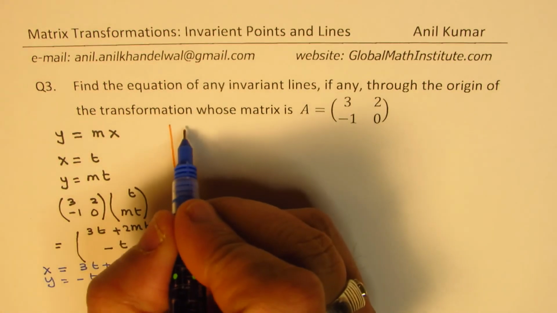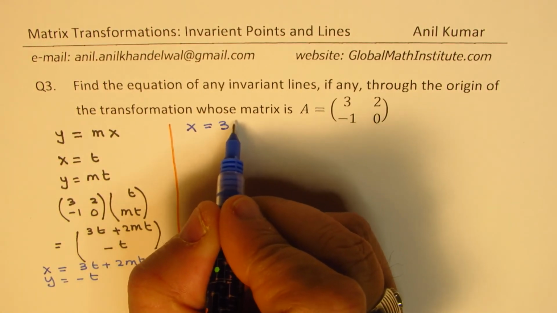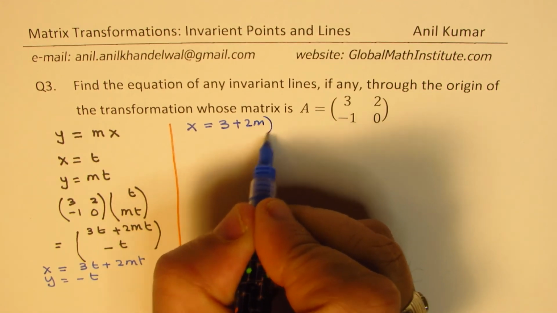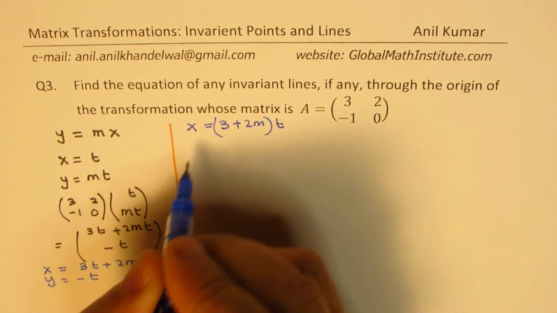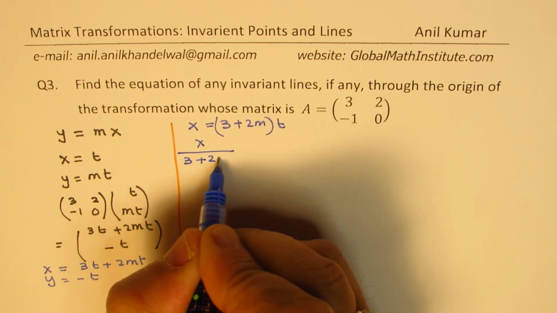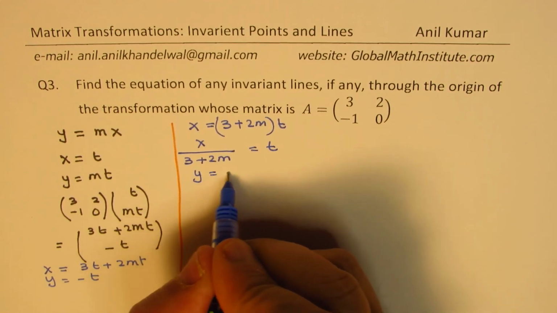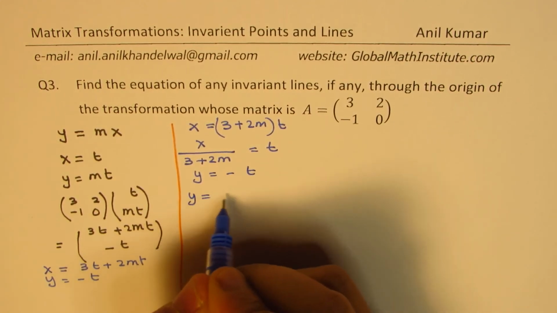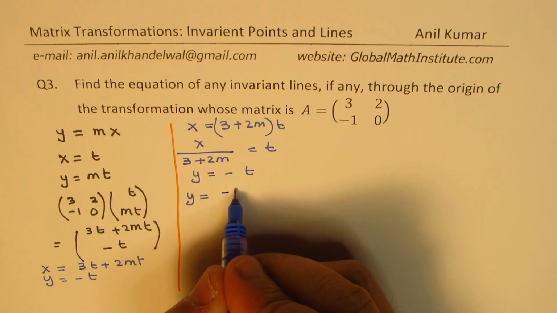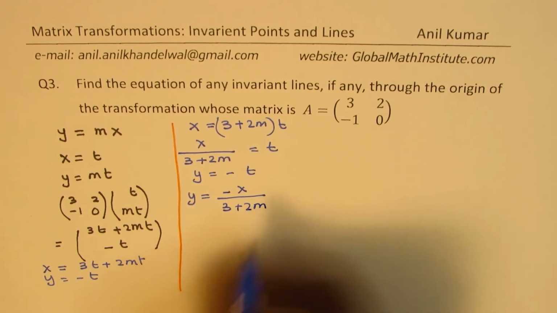So let's work on this. We have x equals 3t, we'll take t common, right? 3 plus 2m, and we'll take t common. So from here we can write t over 3 plus 2m is basically equal to t. Y is equal to minus t, so we get y equals negative of x over 3 plus 2m.